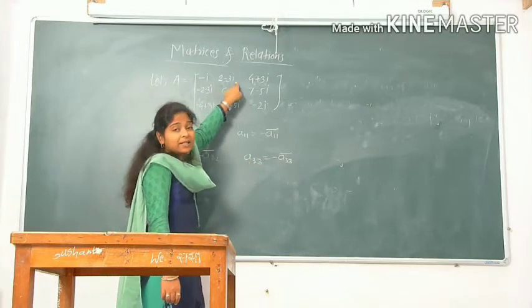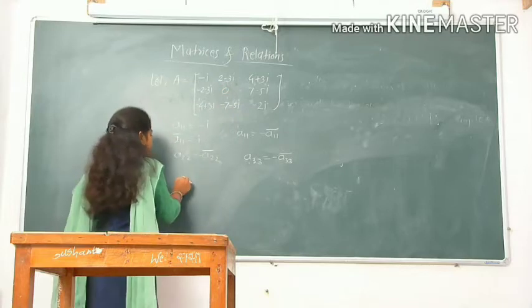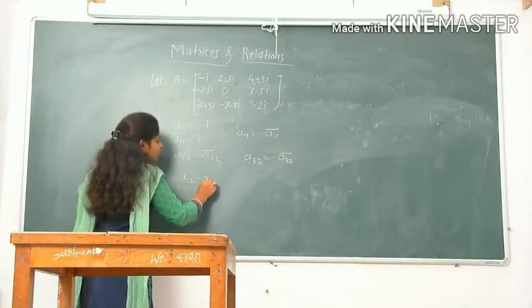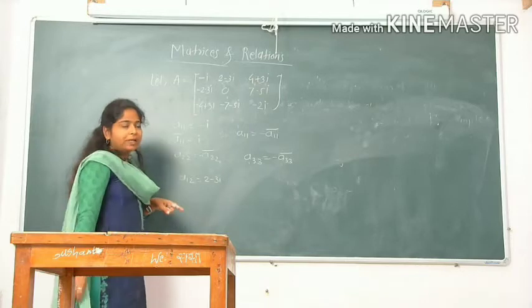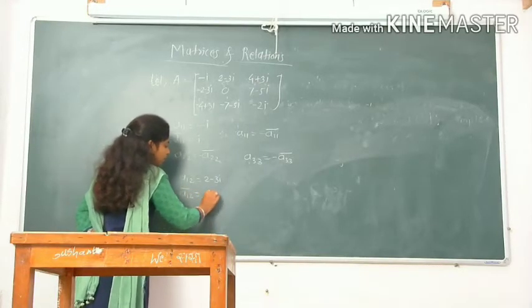Now, this 2 minus 3i is placed at first row and second column. Therefore, A12 is equal to 2 minus 3i. Now we take its conjugate. A12 bar is equal to 2 plus 3i.